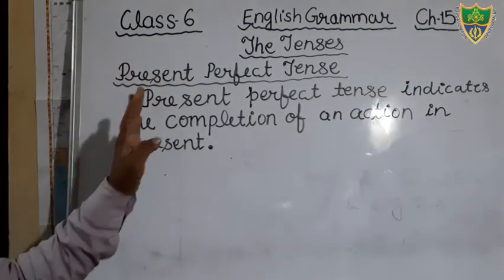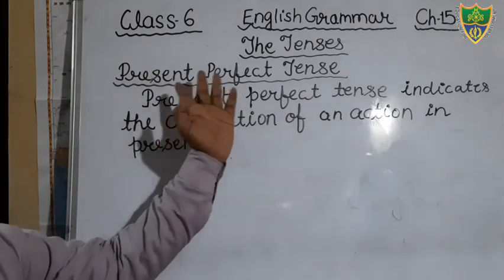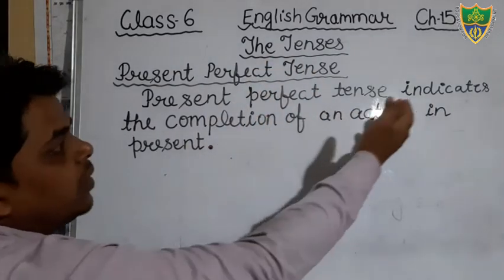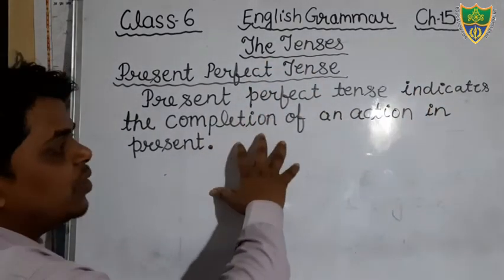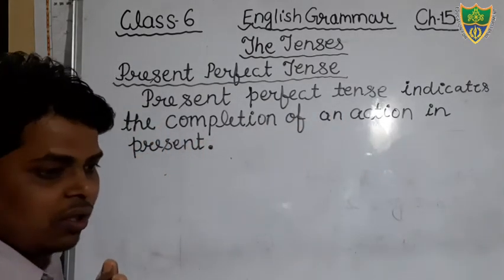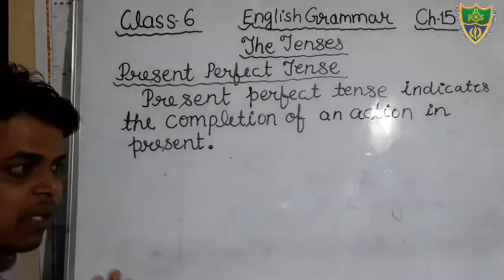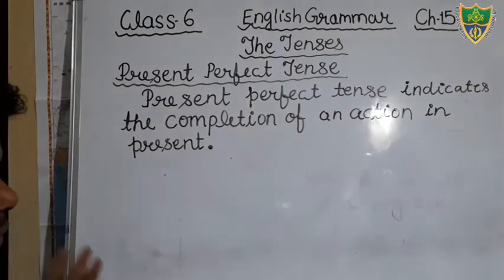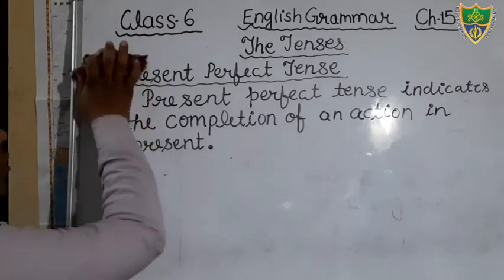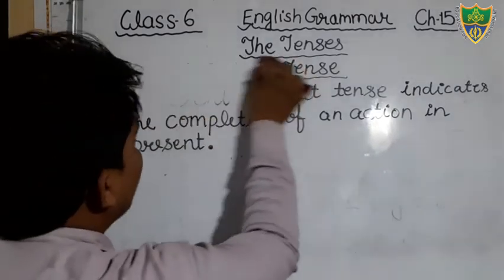Okay students, so just write down. First of all, you will write in your notebook what present perfect tense means. You will write here: present perfect tense indicates the completion of an action in present. After completing it you will put the heading: formation of present perfect tense. Students, I am going to erase it. I hope that you all have completed.